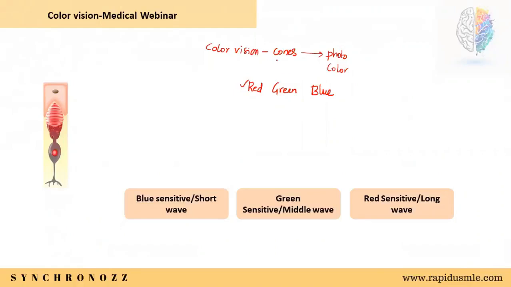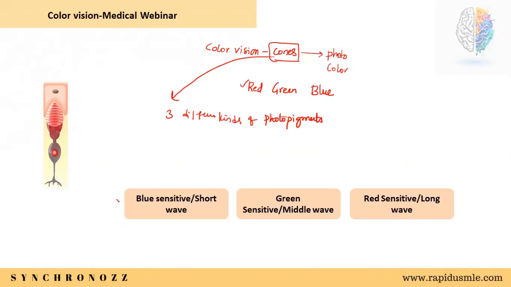What you need to understand is the cones have three different kinds of photopigments in them. When it comes to rods, rhodopsin is the photopigment, whereas cones are of three different types, each having a different kind of photopigment.